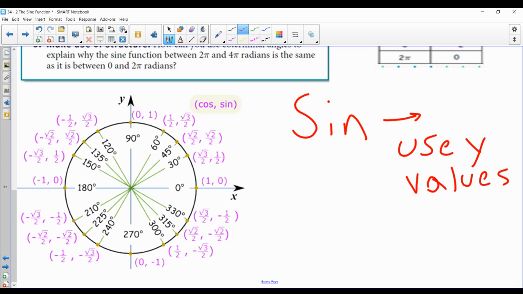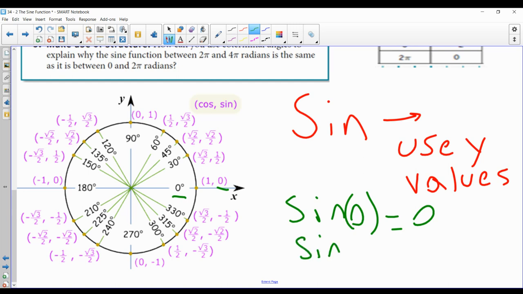So, for example, in past lessons, sine of 0 is going to equal 0, because at the 0-degree mark, your y value is 0. Versus sine of 90 is going to equal 1, because at 90 degrees, your y value is just 1.